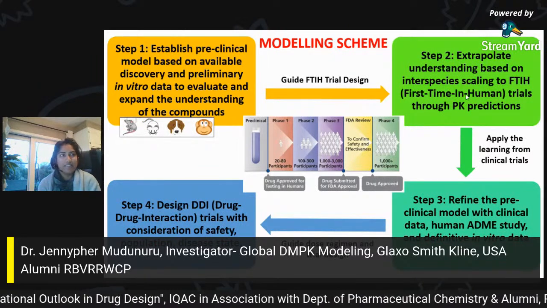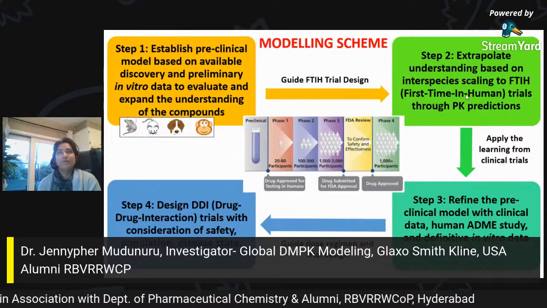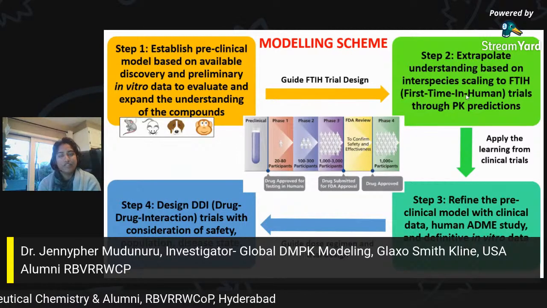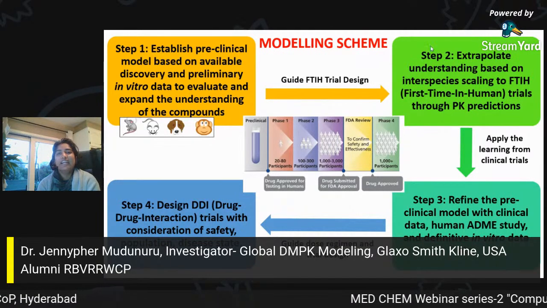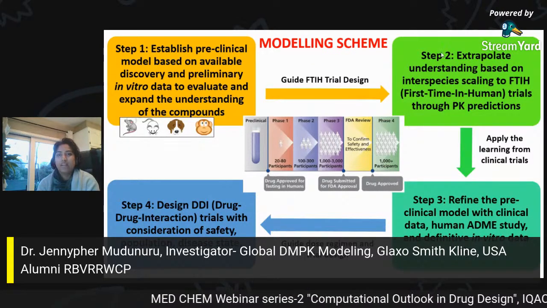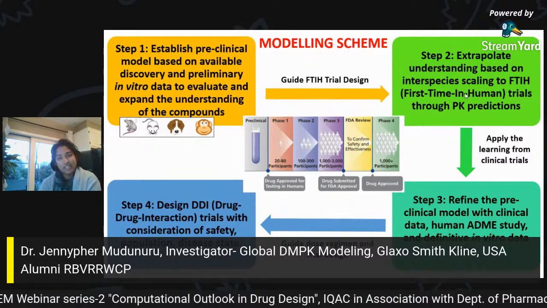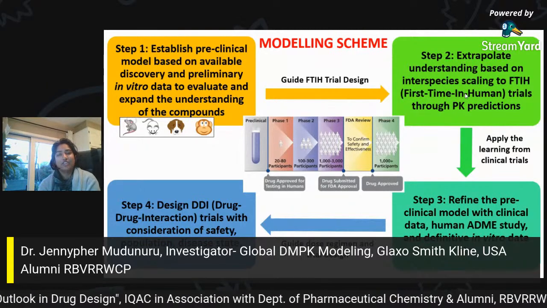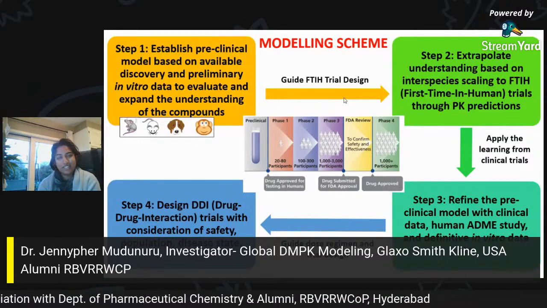You don't want to have any toxic effects, but you also want a minimum amount of exposure so you see an effect for what you're trying to see. So with this preliminary model, we guide those human dose predictions for the first time in human studies. Once the first time in human trials are done, you get the very first PK data from the actual humans. Sometimes it is similar to what you have predicted.